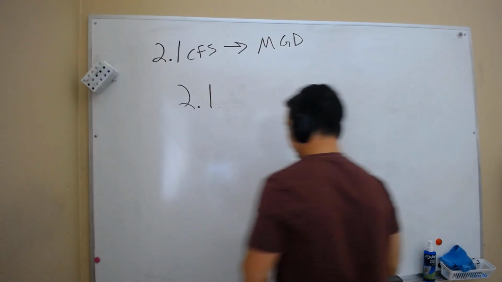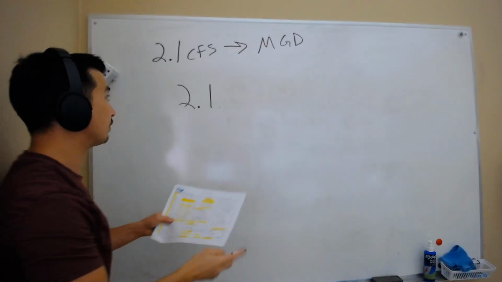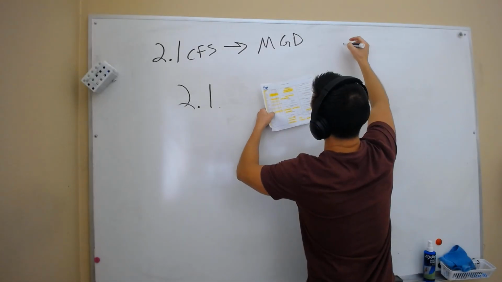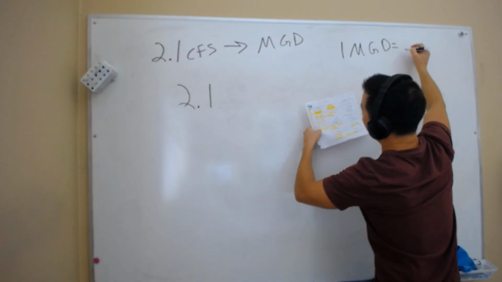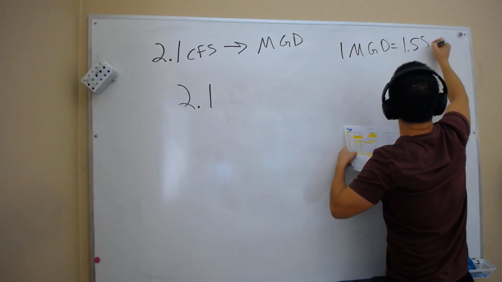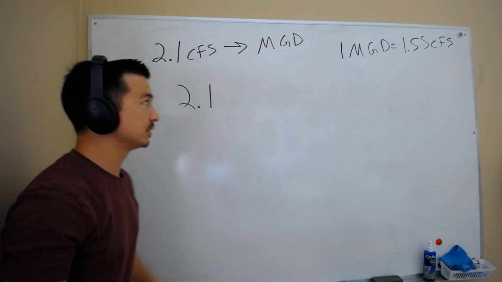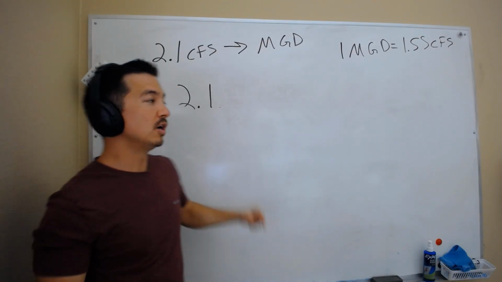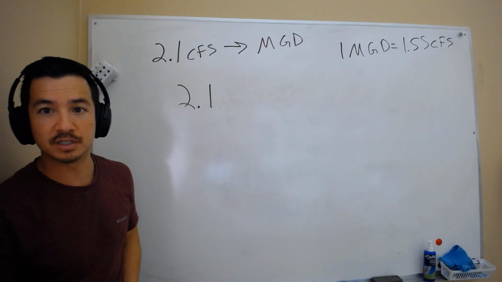I'm going to write out the conversion that's on this formula sheet in case you don't have yours or you're not right in front of you. But what it tells us is that 1 MGD is equal to 1.55 CFS. Right? That's a direct conversion. So all the little numbers that we just did, we basically multiplied those together to get to that 1.55 CFS.